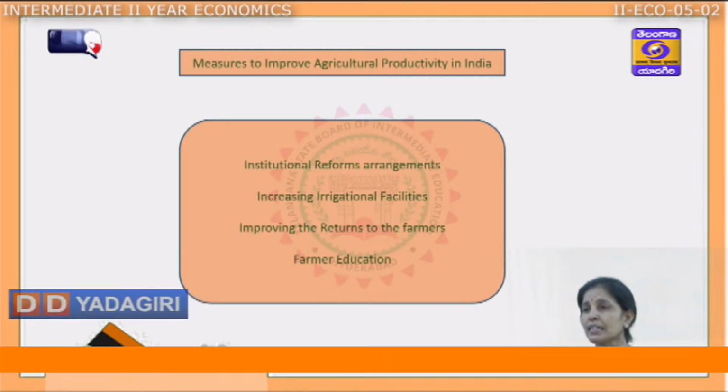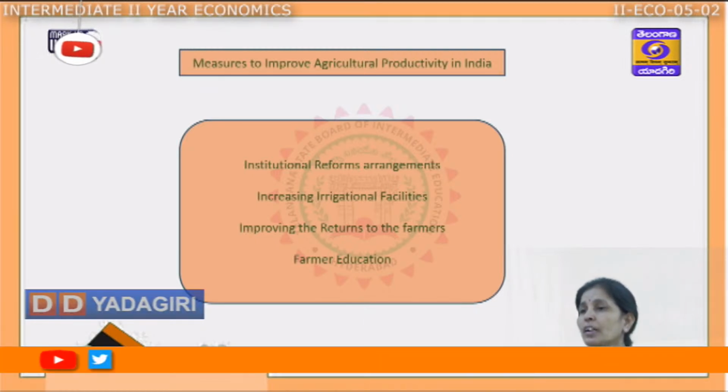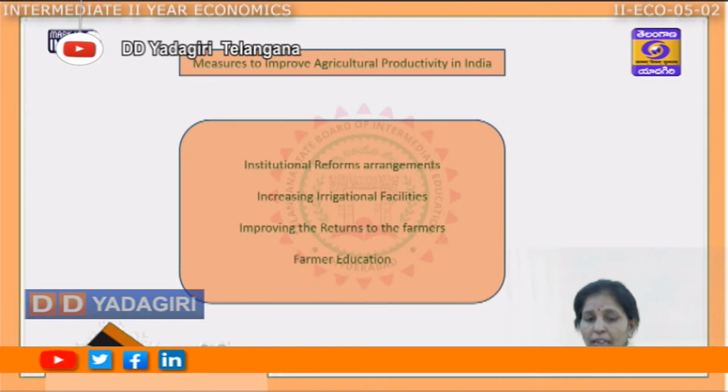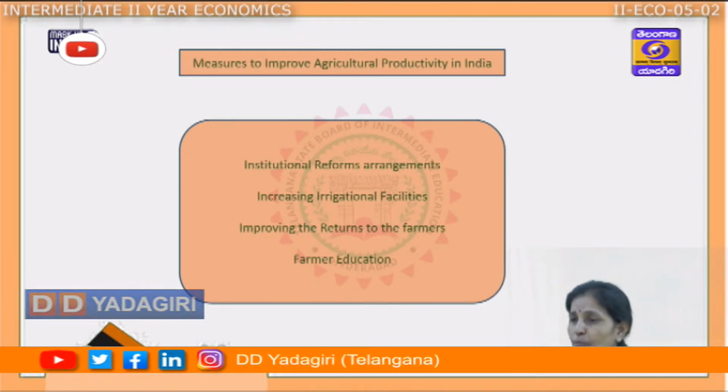The next one is increasing irrigational facilities. As we have seen in the causes of low productivity, still 60% of the land depends on the monsoon.